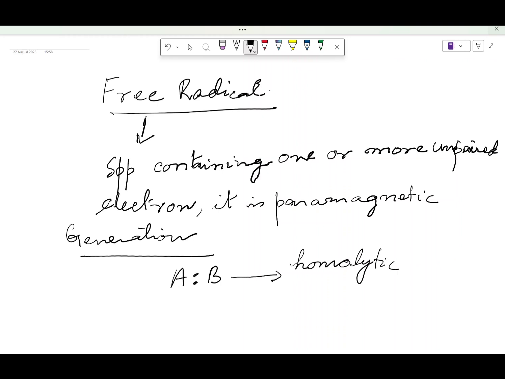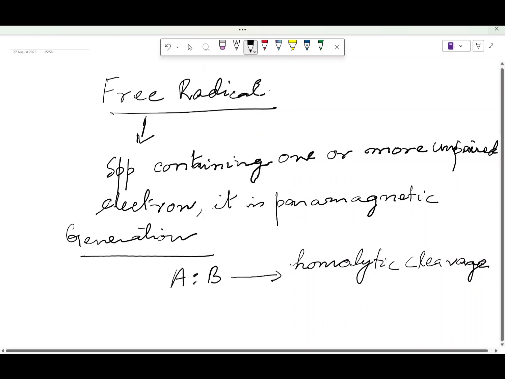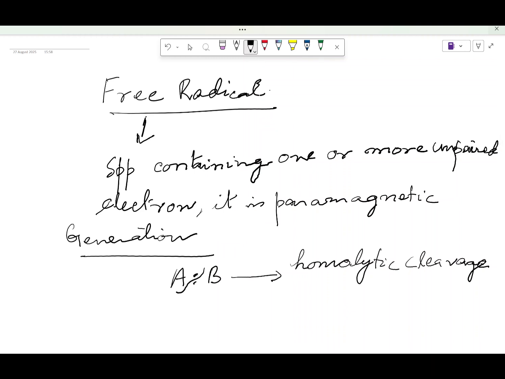Now the homolytic cleavage is this one. This is a pair of electrons. It may go either to one side or be symmetrically distributed. If the distribution is symmetrical like this, then it is called homolytic cleavage.